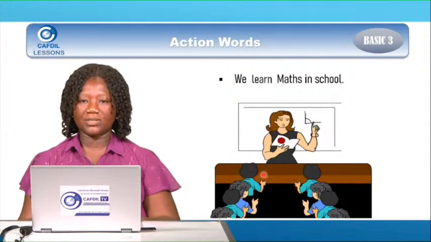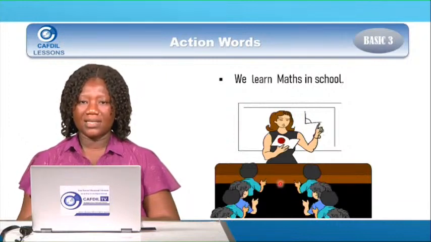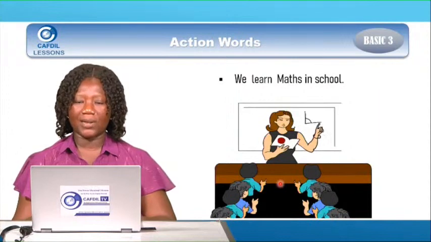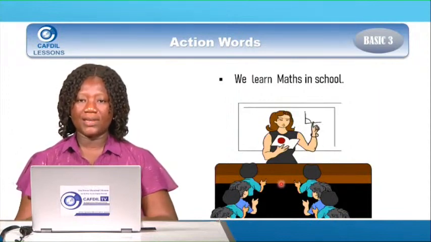What do you think they are doing? Good, learn. You can see that they are performing the action known as learn, right? So let's have a sentence describing this action using we. And what do you think they are learning? Look at what is drawn on the board.